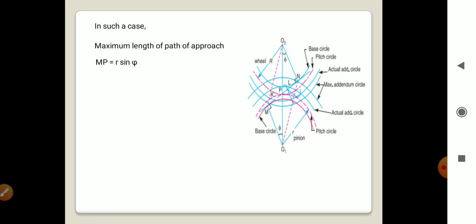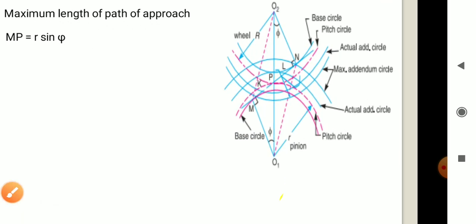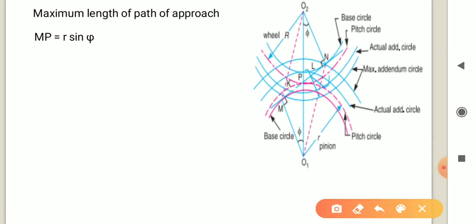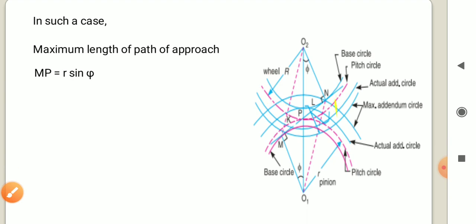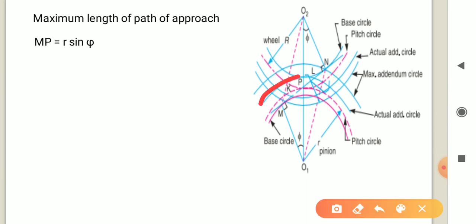Now, path of approach. In the earlier derivation, we saw that the path of approach is KP. Now the maximum path of approach will be MP, that means the point K shifts to M. This is small r into sine of phi.